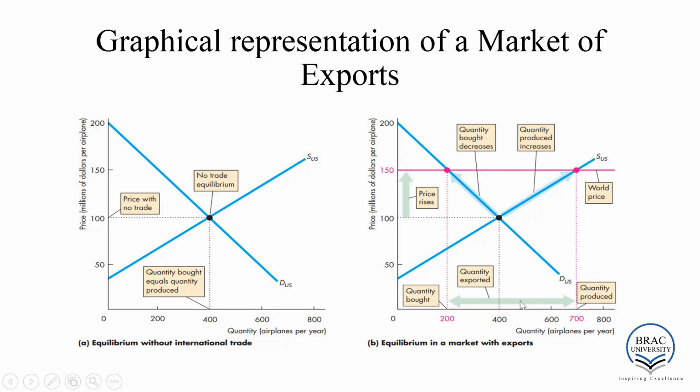So in this case, the quantity produced is 700 and the quantity bought in US is 200, and the quantity that is exported to other countries is 700 minus 200, which is 500 airplanes per year. So if the country is open to trade, then US can export 500 airplanes per year.